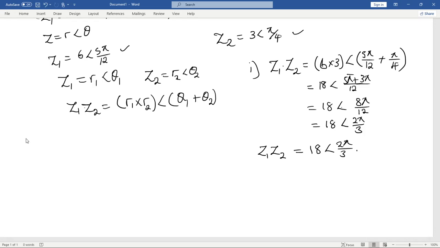The rectangular form of the complex number is z equal to x + yi, where the value of x is r cos θ, which in this case is 18 cos 2π/3. Let's check that on the calculator to get the value of x.